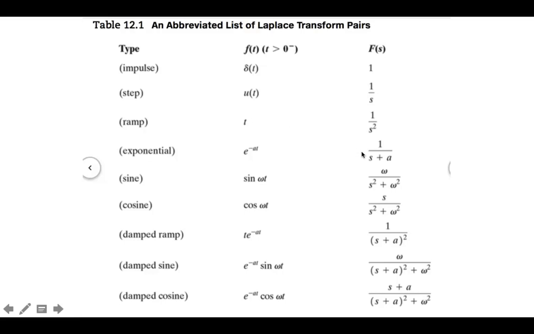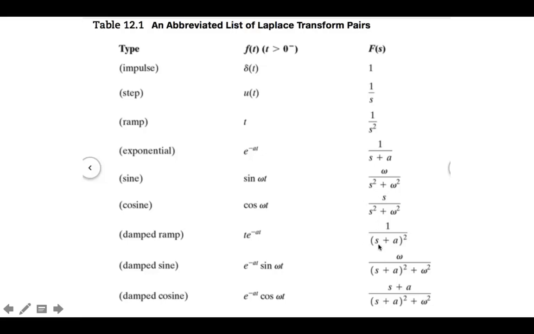Terms that look like 1 over s plus a, where a is a constant, represent e to the minus at, or exponential decay functions. Functions as shown here, where there is a constant in the numerator and then s squared plus a constant in the denominator, represent sinusoidal. Cosine is very similar, just having an s in the numerator.